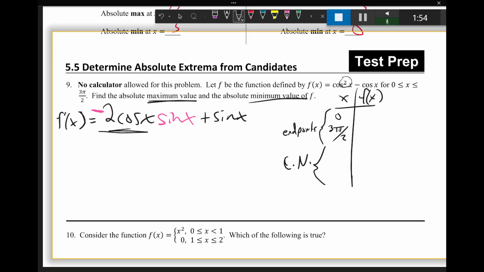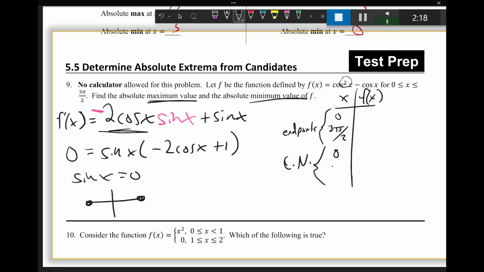And if I'm trying to find critical numbers, I want to know where this is 0 or undefined. Now, sine and cosine are never undefined, so it's really just where does this equal 0. And you could factor out a GCF of sine. Then some of your critical numbers will be where sine is 0, like 0 and pi.